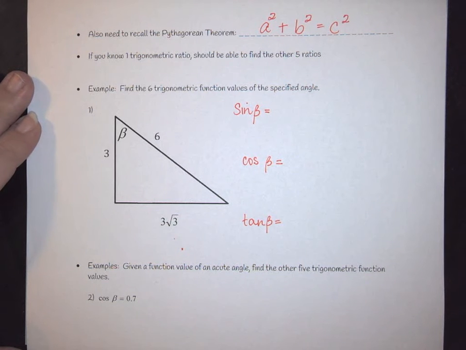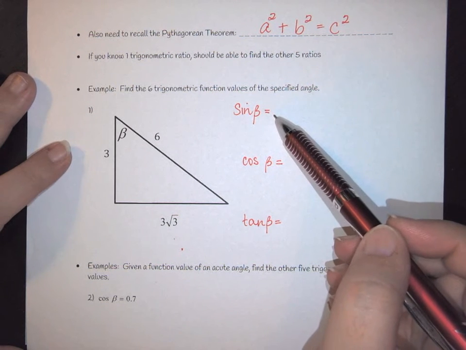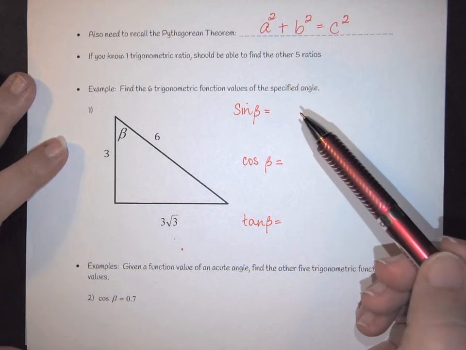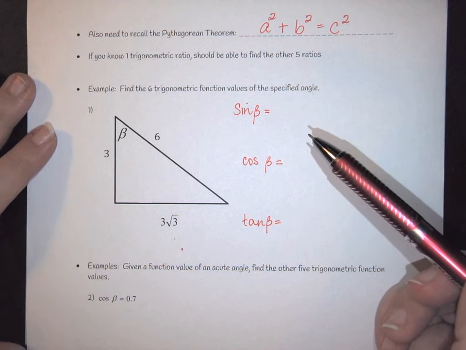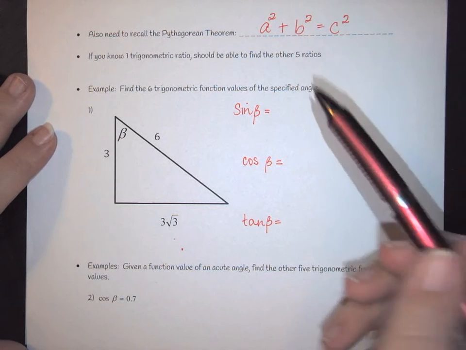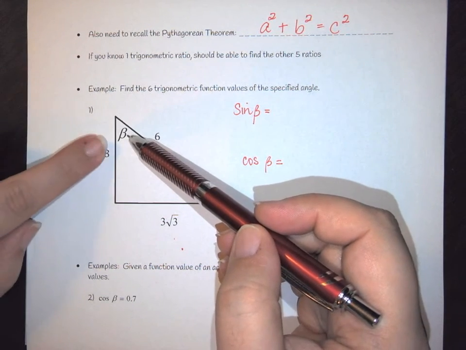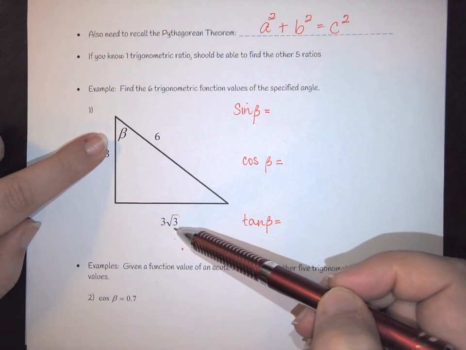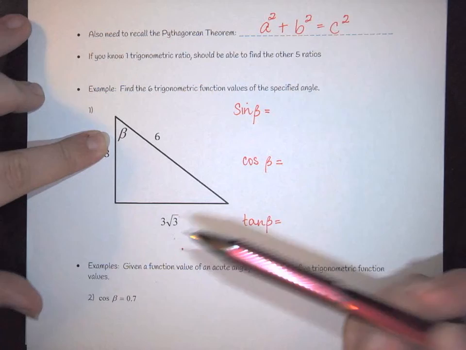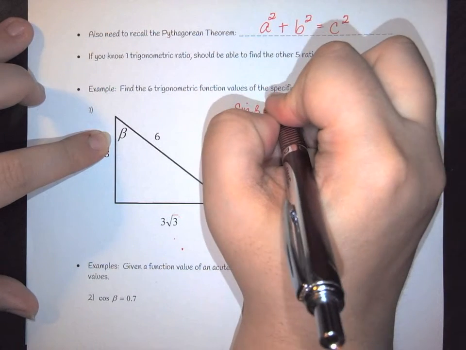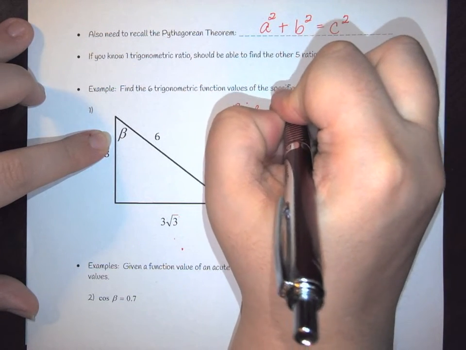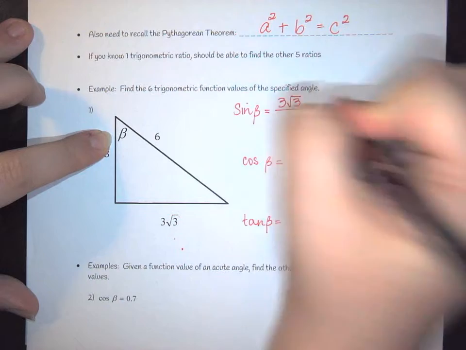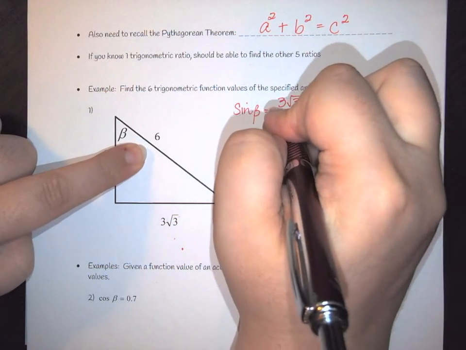First, we need to remember sine was opposite over hypotenuse, and the hypotenuse is always going to be the longest side. I'm going to look at my beta and go opposite. In this case, my opposite is going to be 3 square roots of 3, and my hypotenuse is 6.